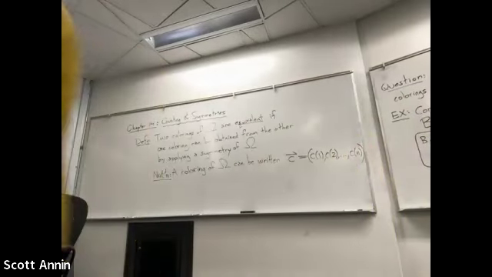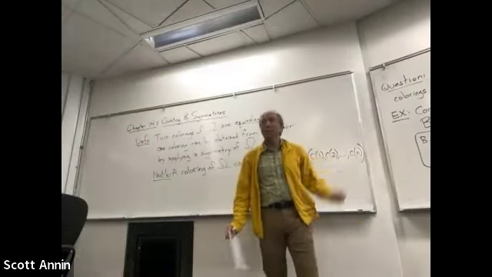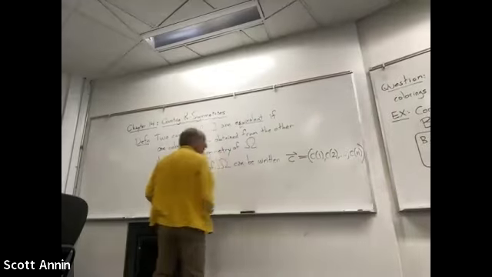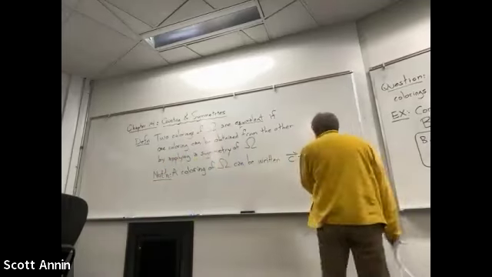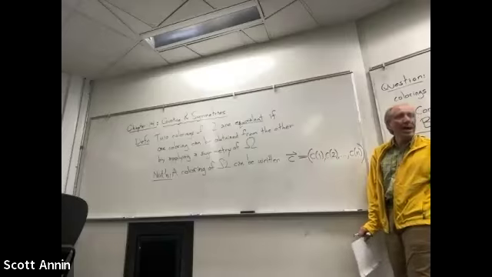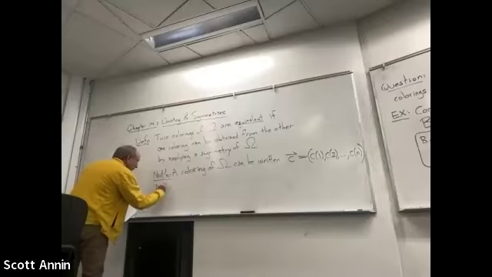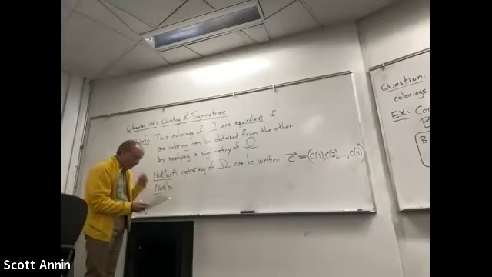So each coloring can be written as a vector. We don't have to draw the picture every time with the vertices labeled inside. Okay, does that make sense? There's no right or wrong choice about where the first vertex is or the second one. You just have to make a convention for that. Okay, and then another notation while we're at it, along the same lines, this is the right time to talk about it.